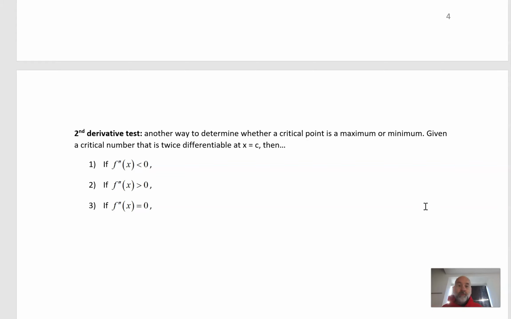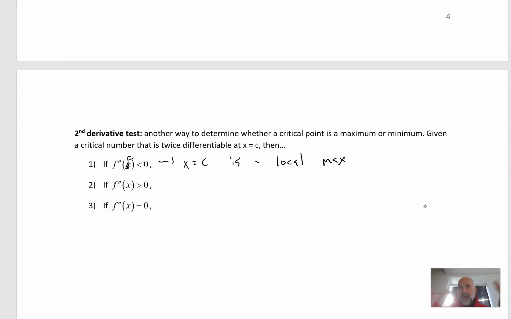Then what if the second derivative is less than 0? If the second derivative is less than 0 and it's a critical number, then x equals c, actually that should be f double prime of c technically, is a local max. The second derivative is negative, so it looks like that. It's a local max. A little confusing, because the second derivative is negative and that makes it a maximum.